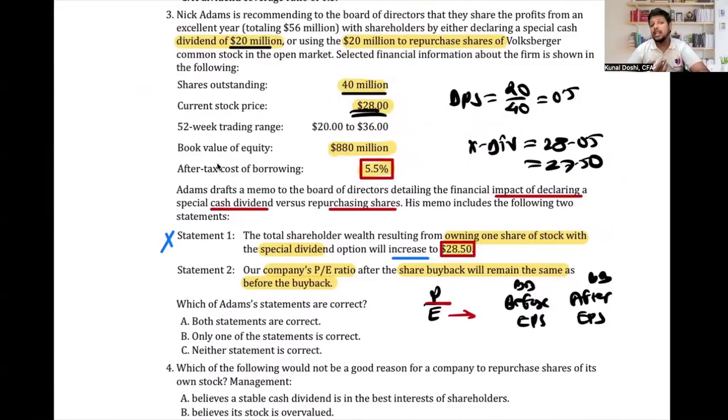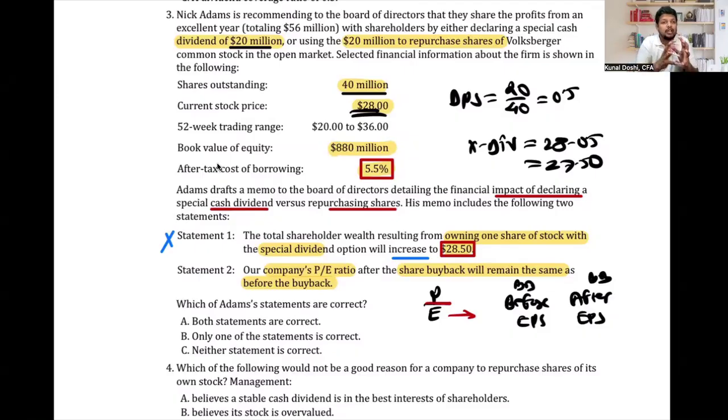What is that? It depends on the earnings yield and the after-tax cost of debt, isn't it? So if they are not the same, will the earnings be the same? No, the earnings might increase or decrease, isn't it? So it does matter what the earnings yield is, everyone. Correct. So what should be my conclusion here?